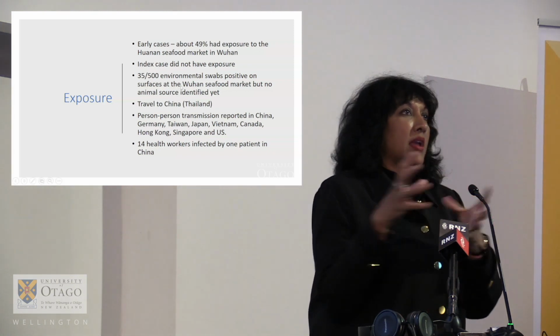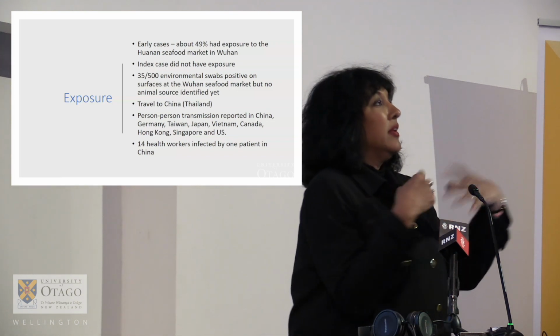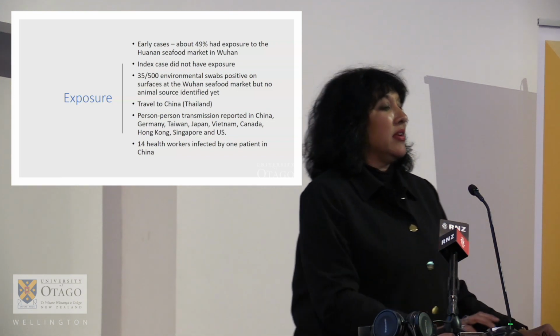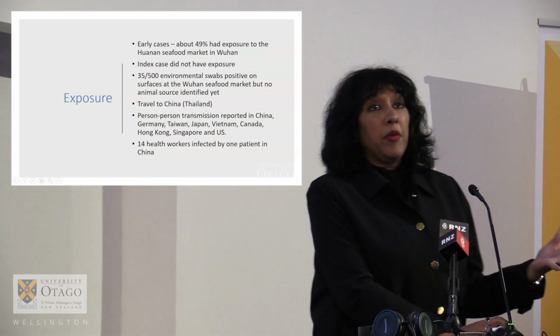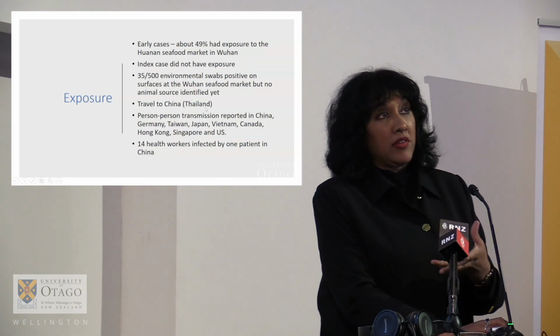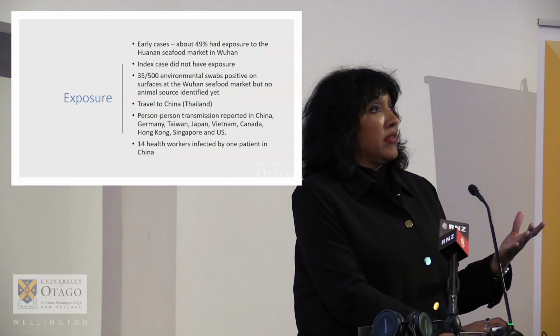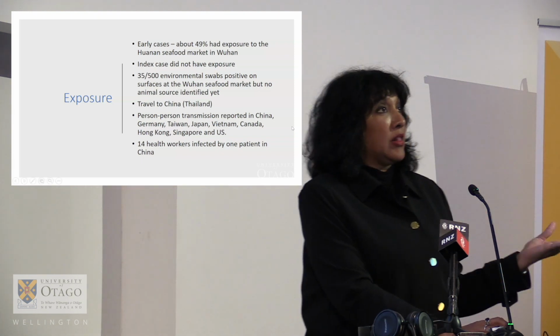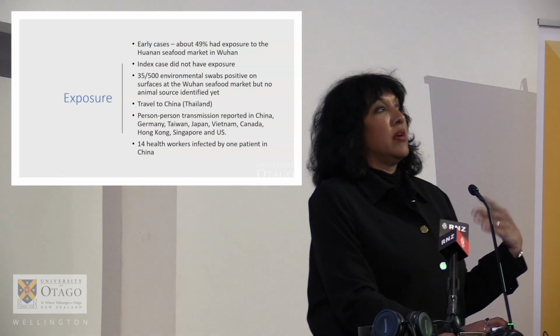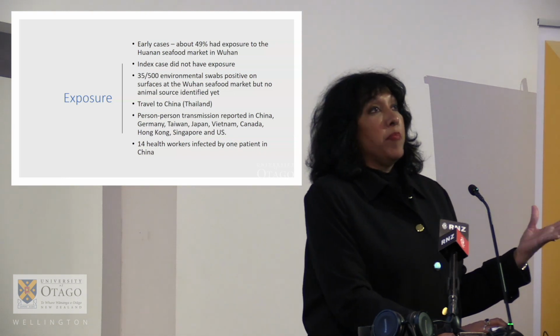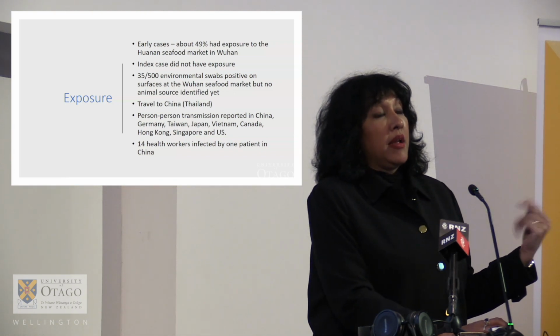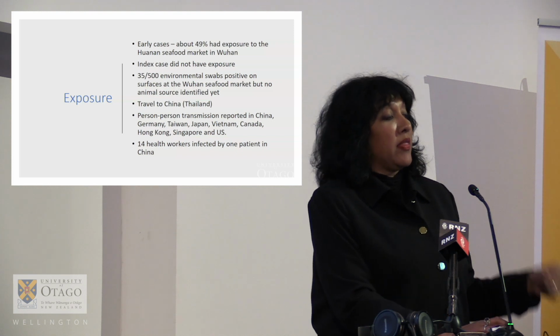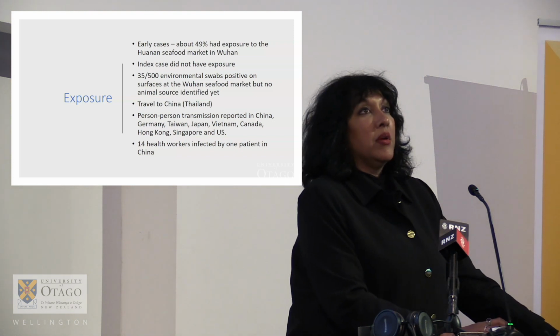So the wild animals are in one section of the market, the seafood is in another section, and they were expecting to find positive samples in the wild animal section because the virus, from the phylogenetics, looks like it's very closely related to SARS and originated from a bat or a mammalian ancestor, possibly with another intermediary animal.